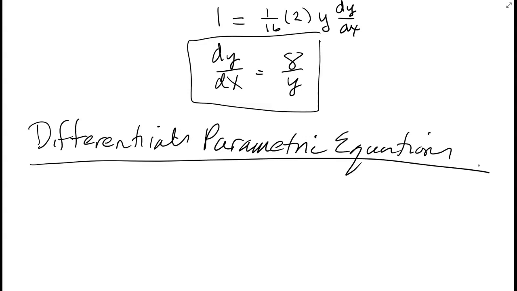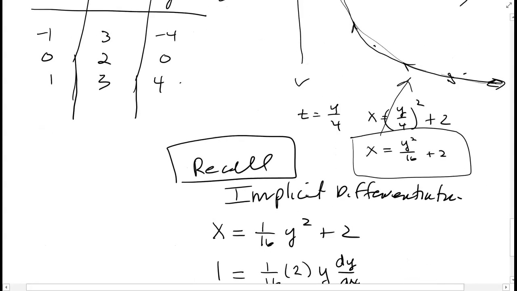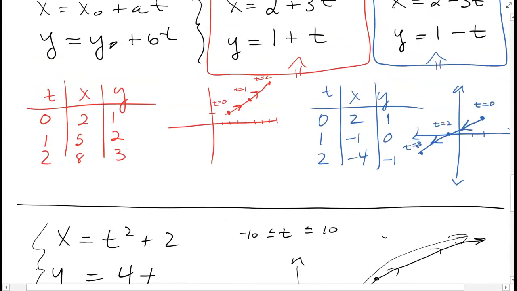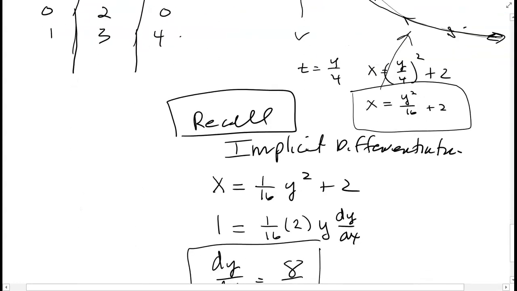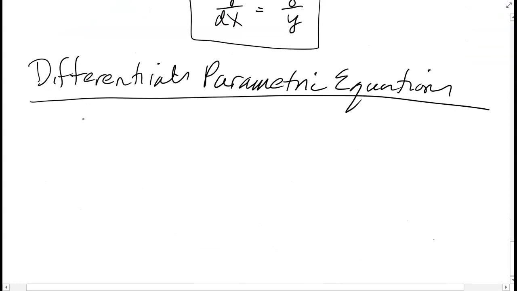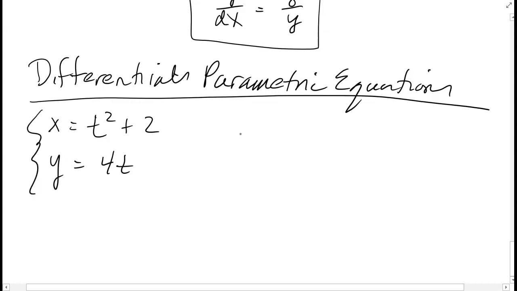So remember, what was our original? It was t squared plus 2 and 4t. So we had t squared plus 2, 4t. Ultimately, we want to find dy dx.